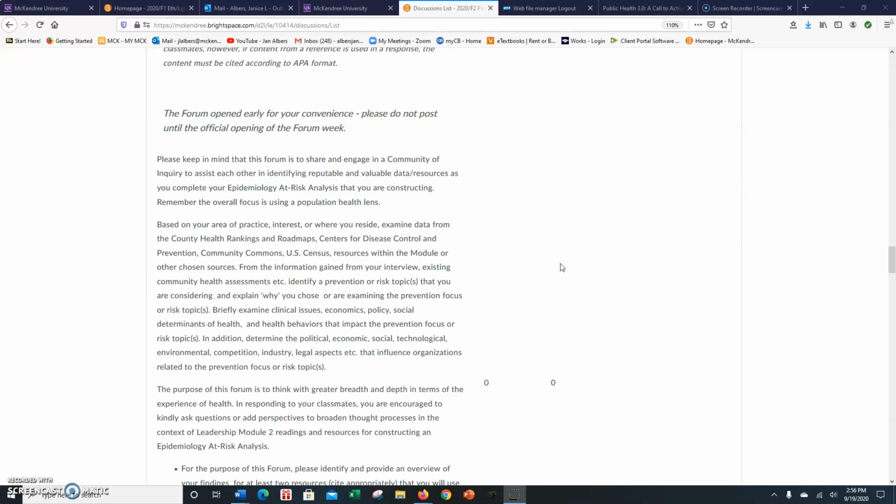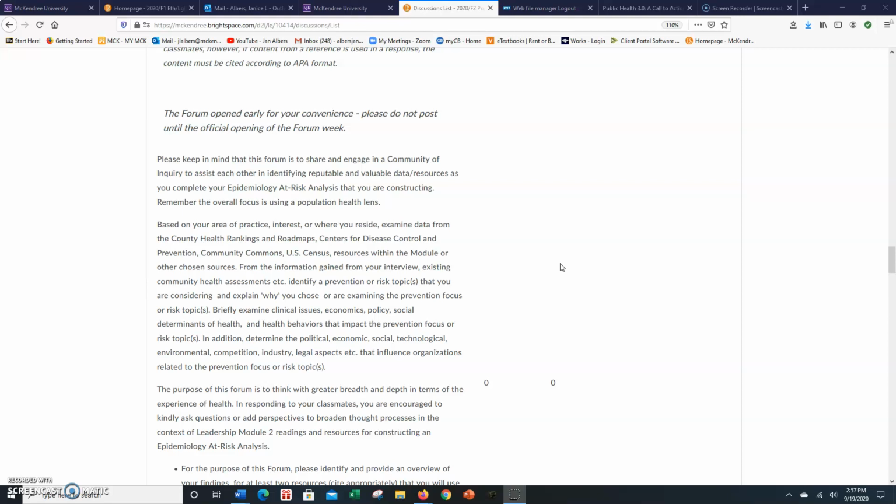We're going to examine some of those factors that are experienced in the experience of health, as well as examine some of those beyond clinical issues, some of those economics, policies, social determinants of health, and those health behaviors that impact the area of focus, our risk topics. So we want to look big picture and examine those factors in consideration of what you are tending to focus on based on your epidemiological analysis. So we're going to start exploring those opportunities.